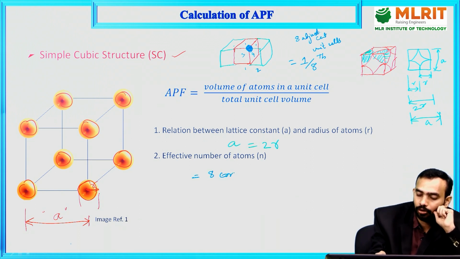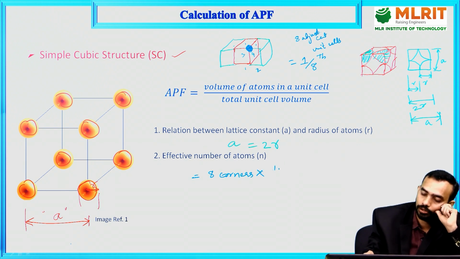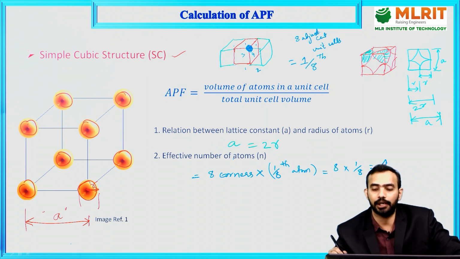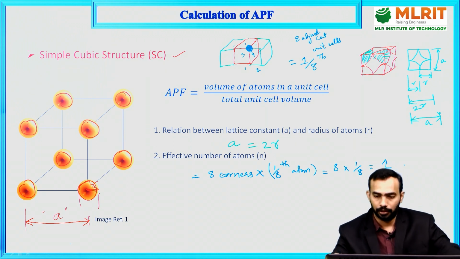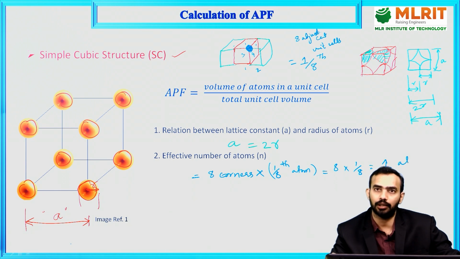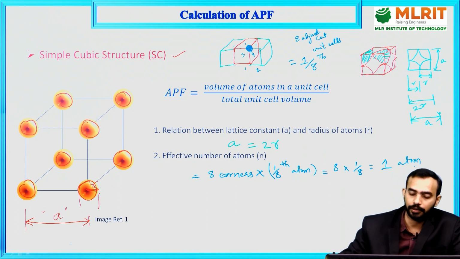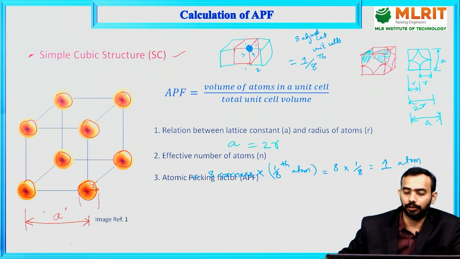There are 8 corners, multiplied by 1/8 of an atom at each corner, right? So 8 multiplied by 1/8, that I can consider as 1. So what is the effective number of atoms? In total, you get 1 complete atom. Yes, this is your effective number of atoms for the simple cube.